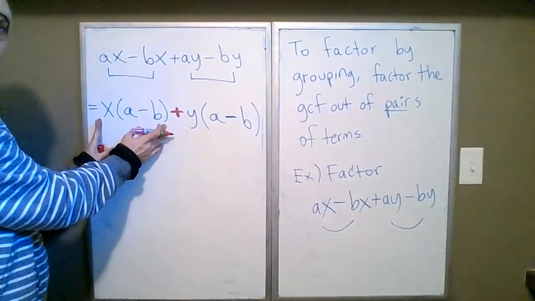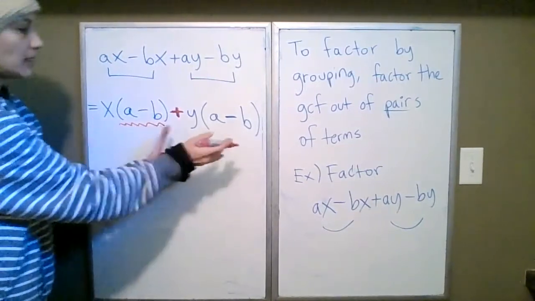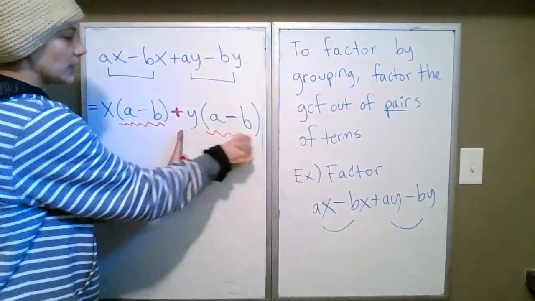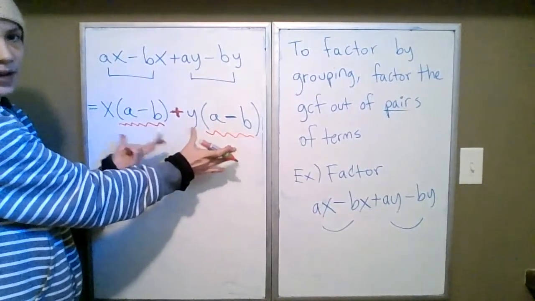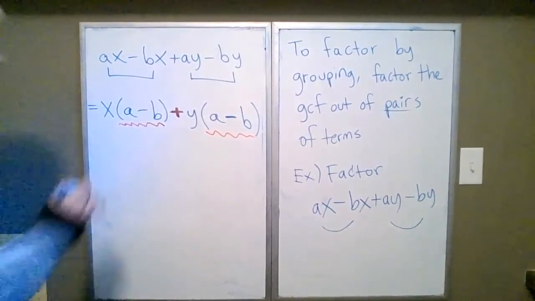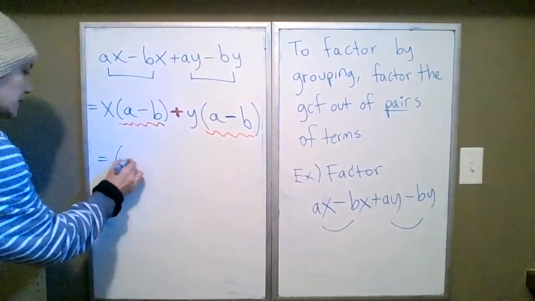So the first term has an a minus b. The second term has an a minus b. So from this pair, factor out a minus b, which can look weird, but after you practice it a bit, it gets more comfortable.